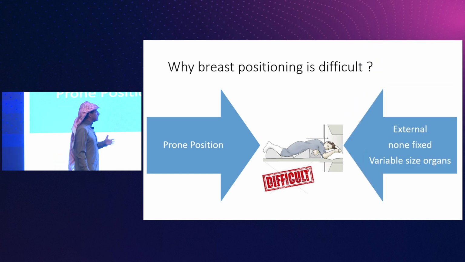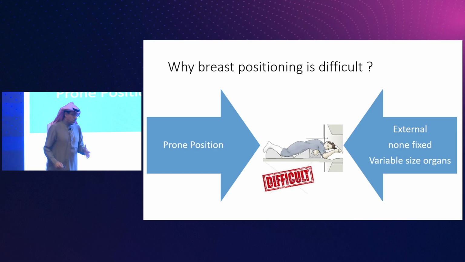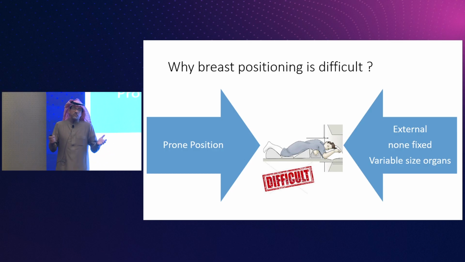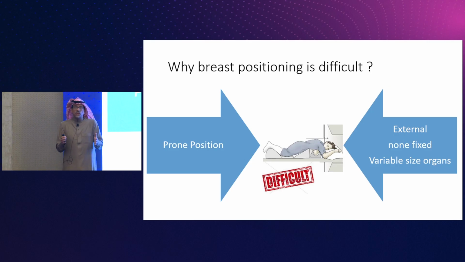The second is that it's an external, non-fixed, variable size organ. So the position is different every time from one patient to another. It's not just lying down. You have to move the patient up, to the right, down a little bit until you reach the optimal positioning.